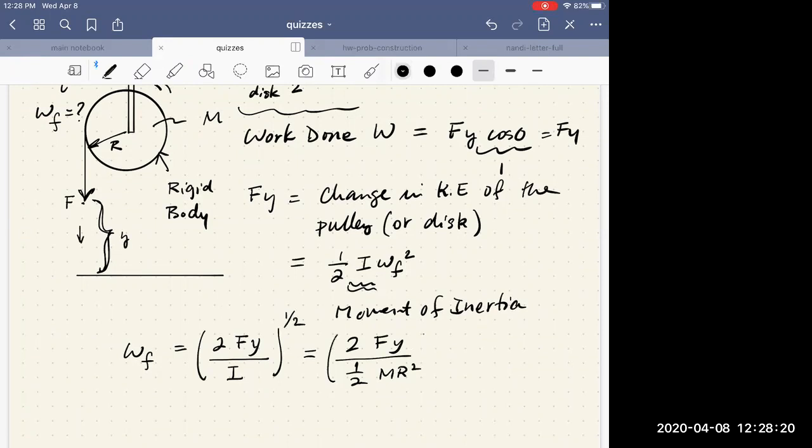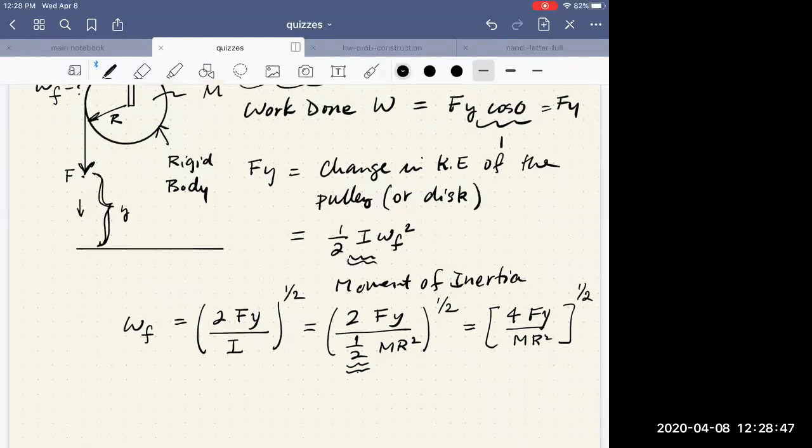And since I is 1/2 m r squared, I already told you that, you have twice Fy divided by 1/2 m r squared. Observe that this too shows up as a division of a division. So therefore, you'll have 4Fy divided by m r squared, raised to the power of half. So this therefore gives you the omega final for the rotating wheel.